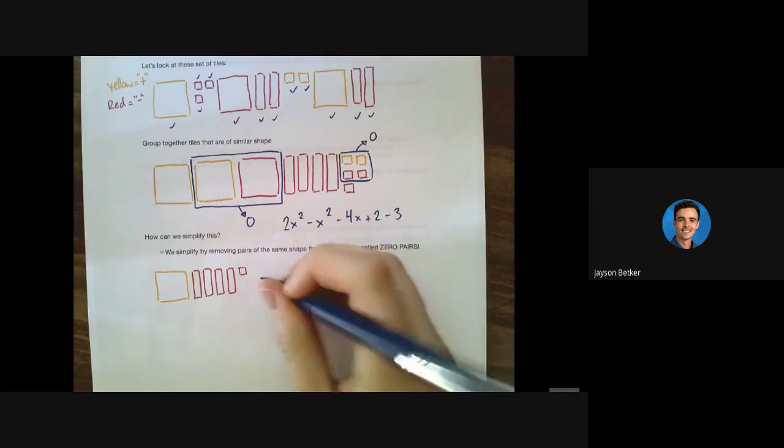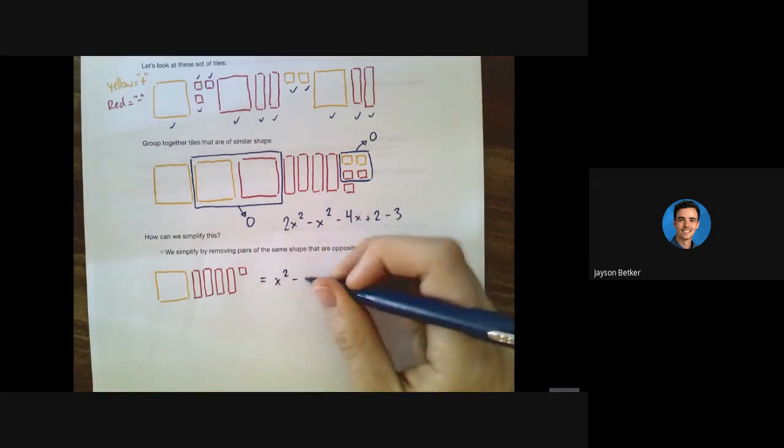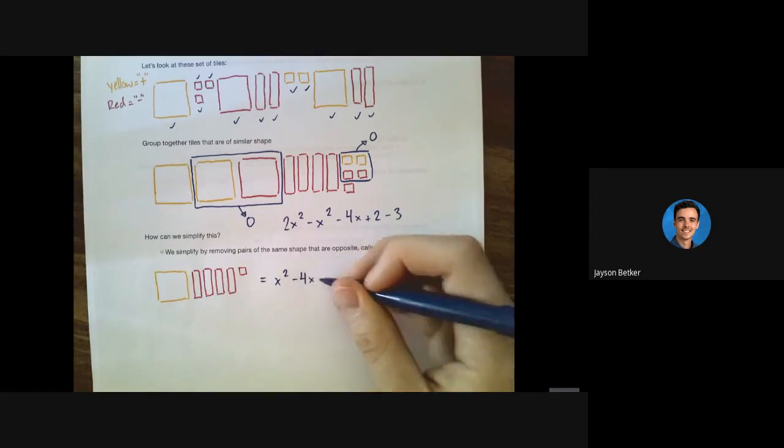Right? So what we can see is 2x squared minus x squared gives us 1x squared minus 4x. And then plus 2 minus 3 gives us just minus 1. So what this ends up equaling is x squared minus 4x minus 1.